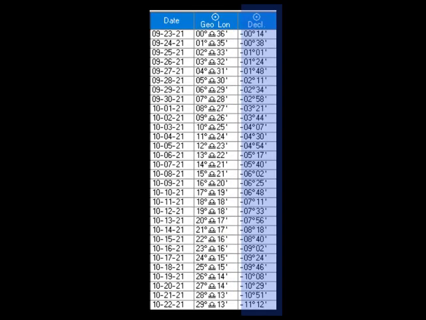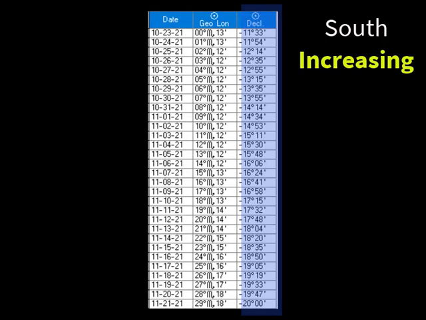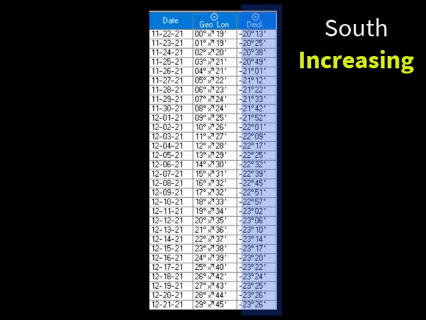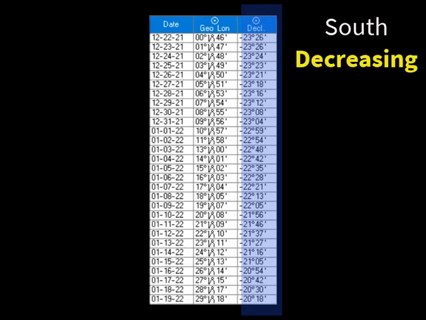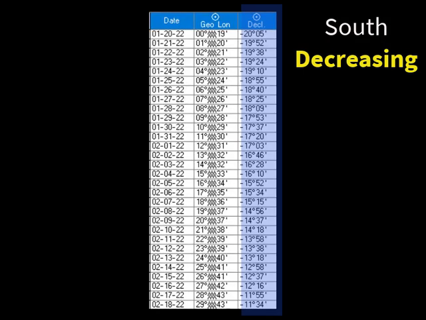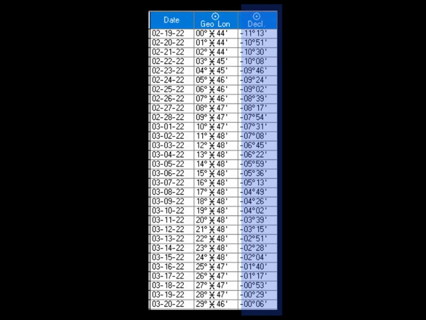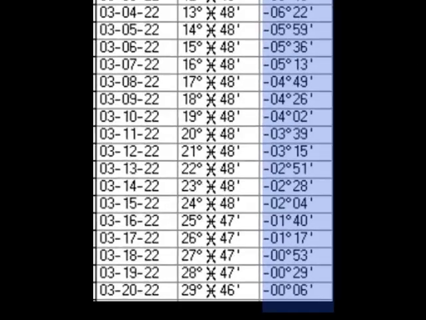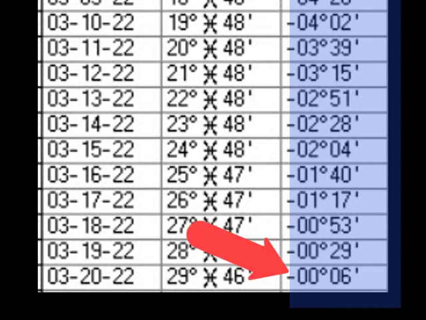Now it enters into southern declination, which will increase as it moves through Libra, and then Scorpio, and then Sagittarius. Then the sun moves through Capricorn as its southern declination decreases, continues to decrease as it moves through Aquarius, and continues to decrease as it moves through Pisces until on March the 20th, the sun's declination is 0.